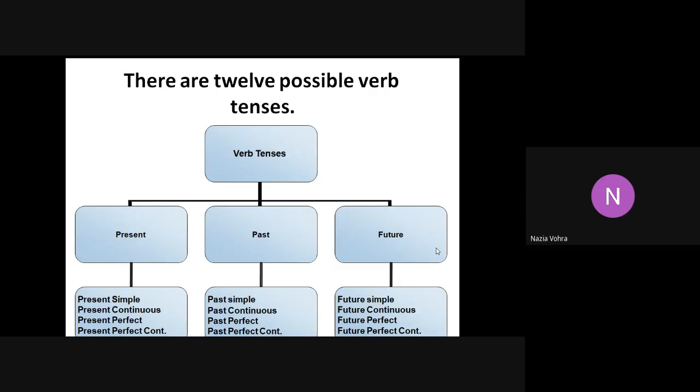Are you writing, guys, or should I continue? Continue, please. Okay.